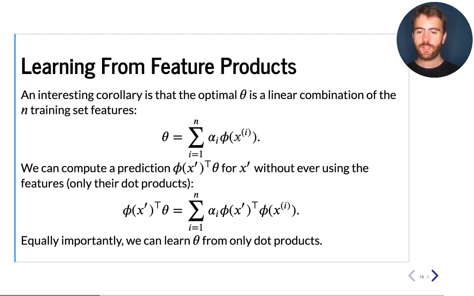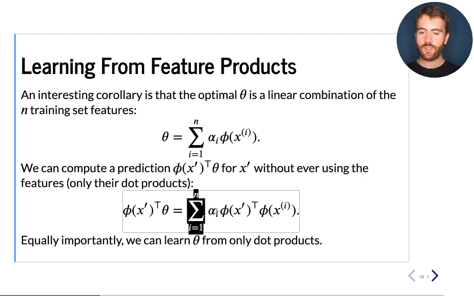So here the xi are the points in our training data set, and when I learn a linear regression model using my set of dual normal equations, I get these weights alpha, and then theta is simply the weighted combination of the phi where the weights are the alpha. And this is a really powerful observation because it means that when we get a new example, let's say x prime, we can compute the prediction of the model, which is phi of x prime dot product with theta.